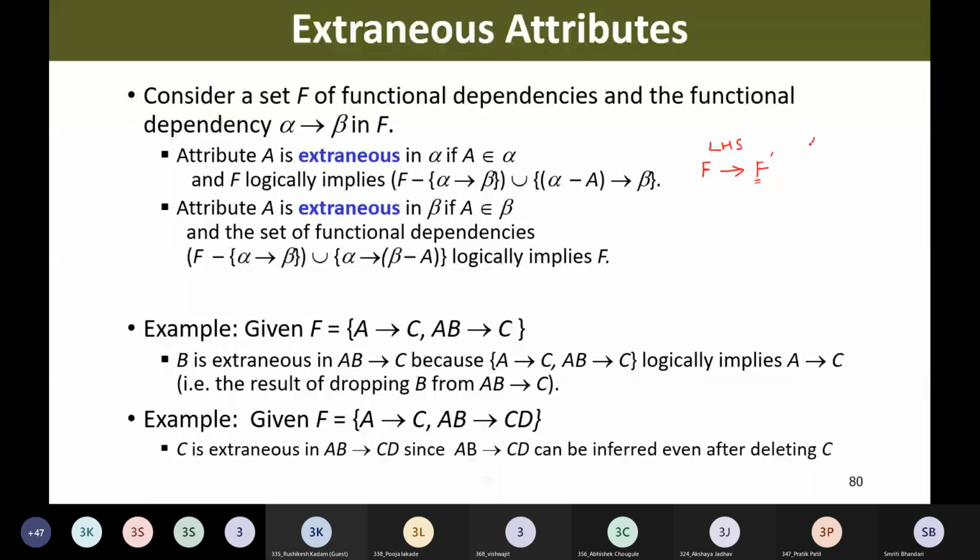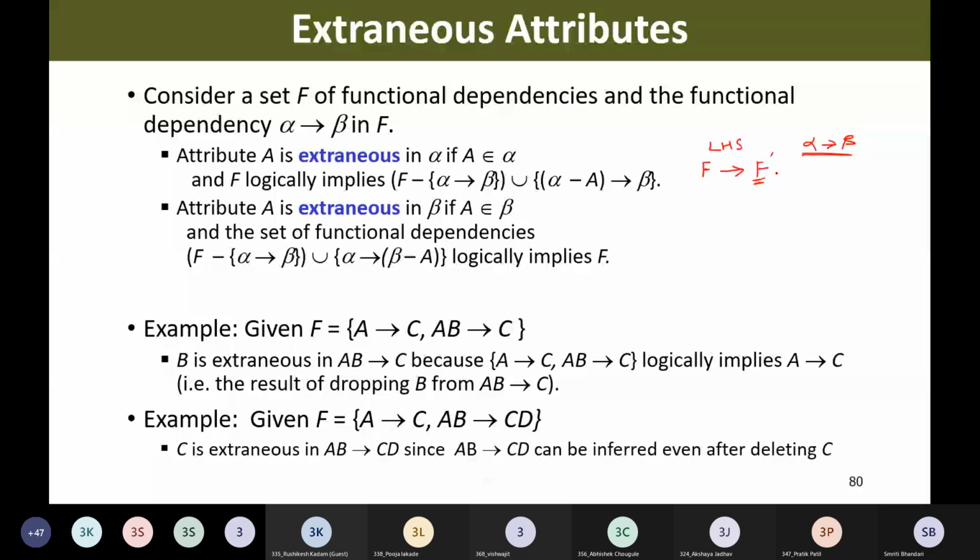And I may come up with this new set F dash. So if after omitting that attribute my original set can imply the new set, then I will say that this attribute is extra in my LHS.